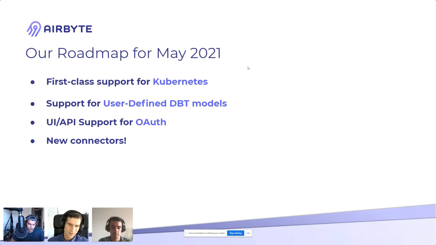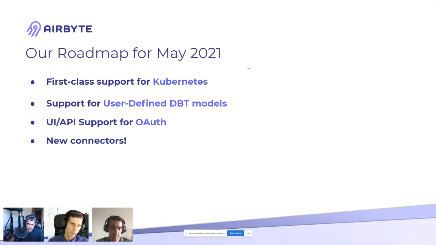The next headliner we have is adding user-defined DBT models. We have what we call basic normalization, some sane defaults for what we think is the 80-20 rule of what people want data to look like in their data warehouses. Obviously, the 80-20 rule is not where we want to stop on ETL pipelines.